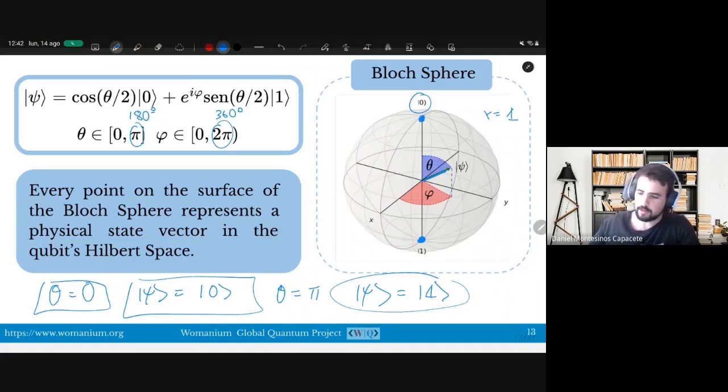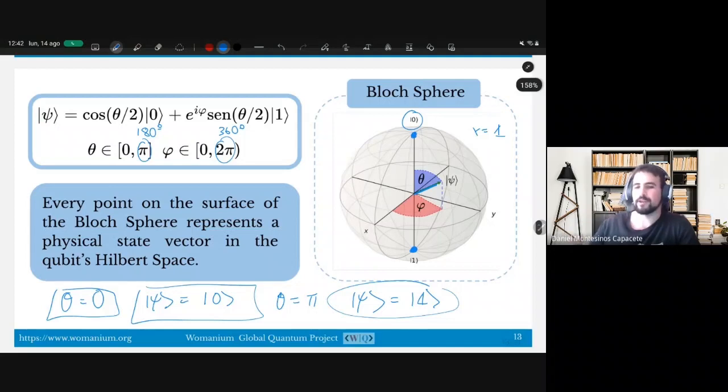And now you can see that, because remember that we are also working with orthogonal bases. States that are orthogonal in the Hilbert space are represented in the Bloch sphere as points that are in the same axis, but on the opposite side.